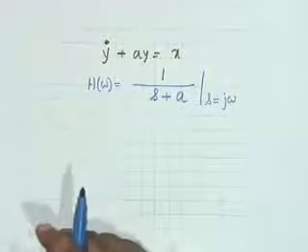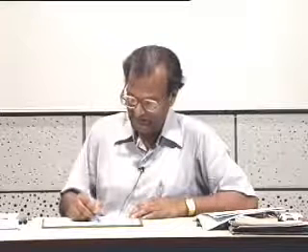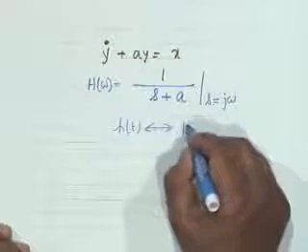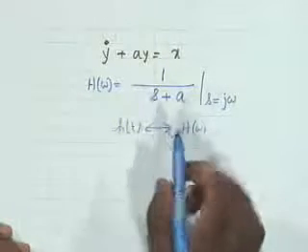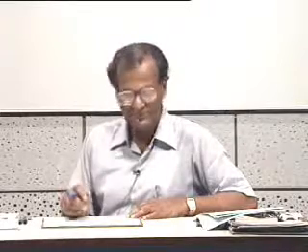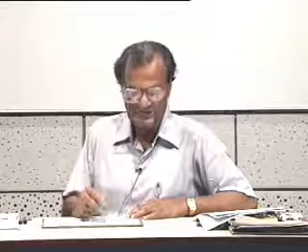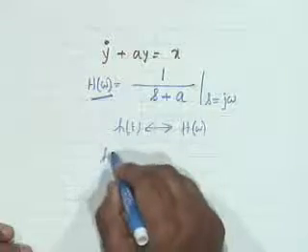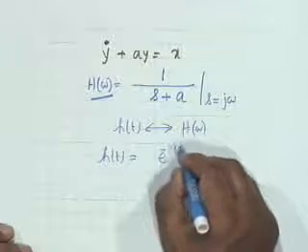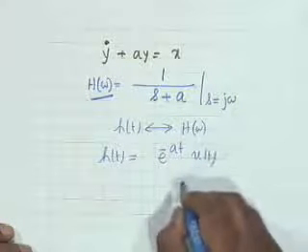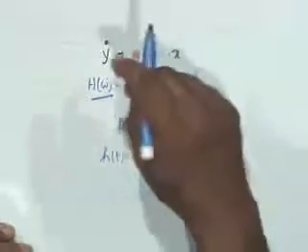Alright. And because h of t is the Fourier pair of capital H of omega, finding the impulse response now simply amounts to inverting H of omega, and we already know what the inversion is. It is e to the minus at u of t. This is a much simpler method of finding the unit impulse response of a linear time invariant continuous time system.